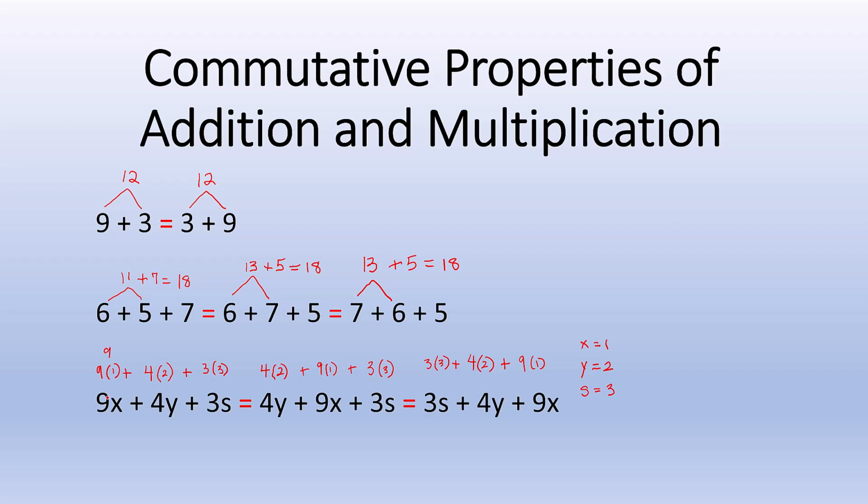And as you can see, if I go ahead and solve for this, 9 times 1 is going to give me 9, 4 times 2 is going to give me 8, and 3 times 3 is going to give me 9. Let's go ahead and do that for all of them. 9, 8, and 9. And when I add 9 plus 8, that'll give me 17. 17 plus 9 will give me 26.